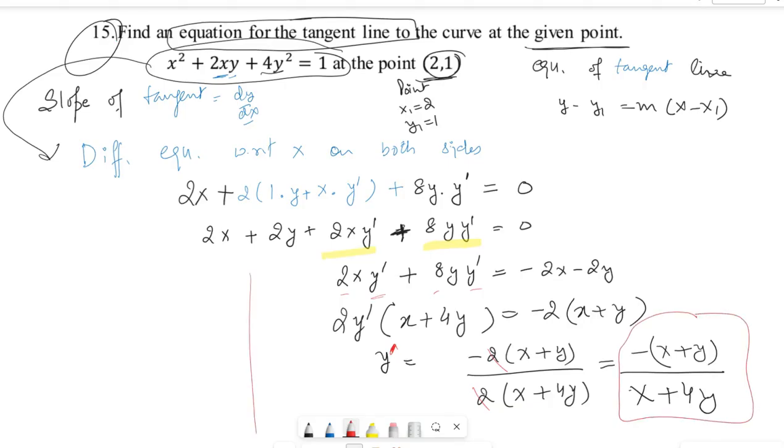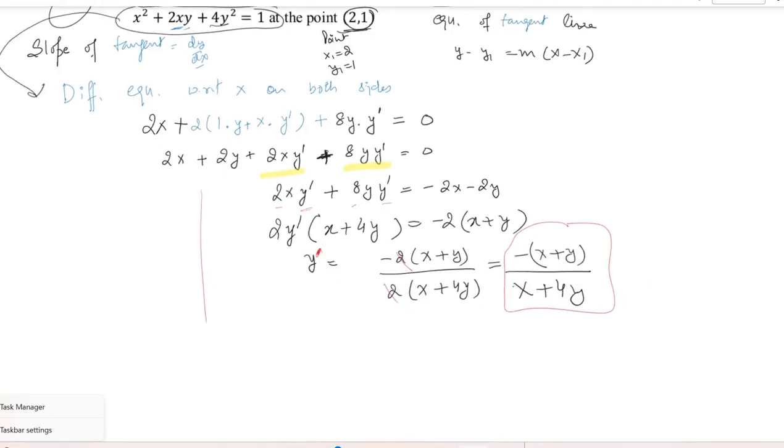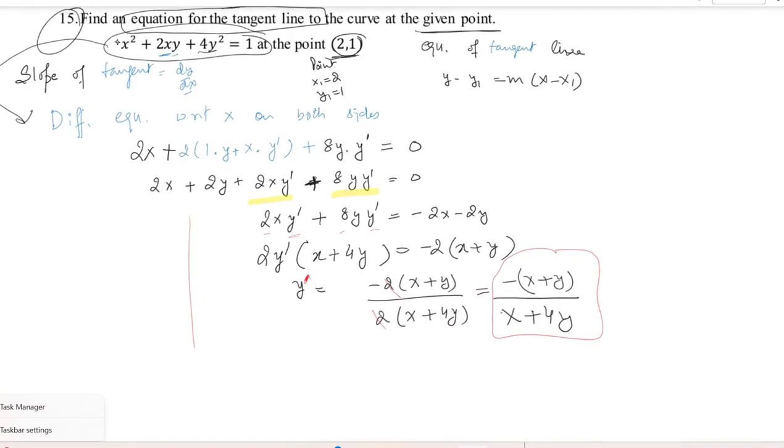Okay. But we needed to find the slope of the tangent. So the slope of the tangent will be when you put x equal to 2 in here and y equal to 1.